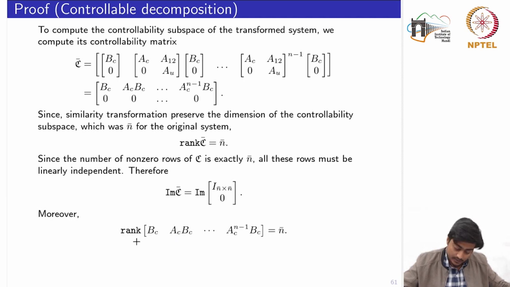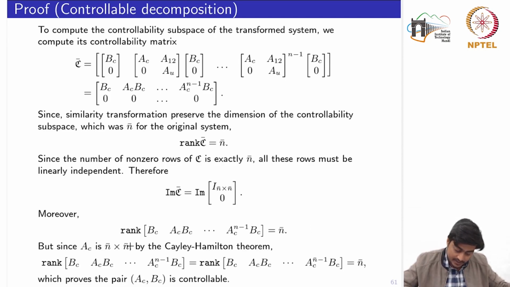Moreover, this one is also equal to n bar, which is not equal to n. Otherwise, the system would have been controllable. And since AC is a square matrix of dimension n bar, again by using the Cayley-Hamilton theorem, we would have the rank of this one equal to the rank of this one, because this won't contribute to computing the rank.